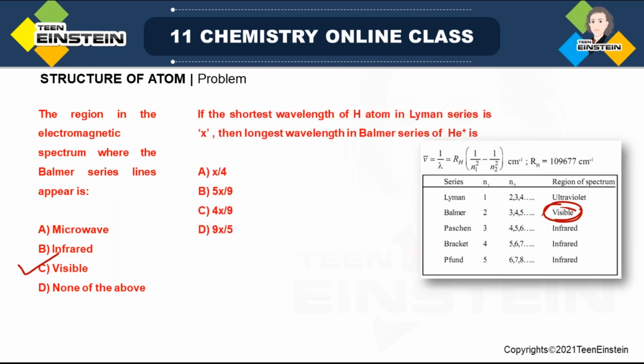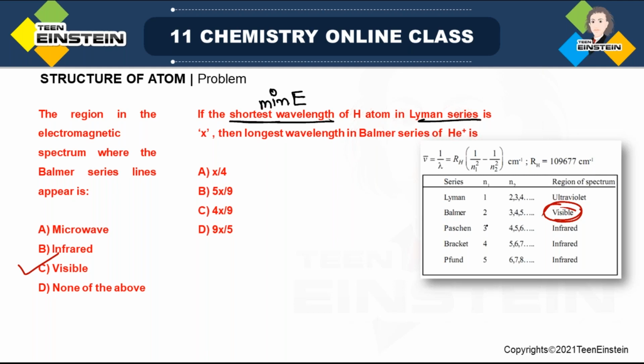Next question. If the shortest wavelength of hydrogen atom in Lyman series, look at the Lyman series. It involves emission 2 to 1, 3 to 1.